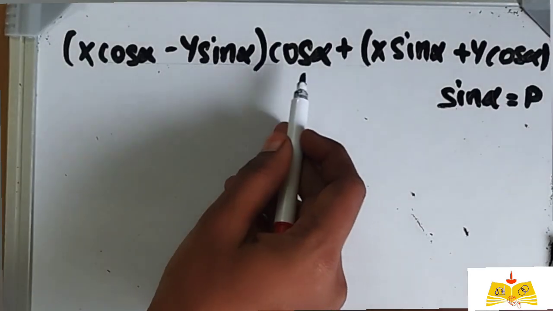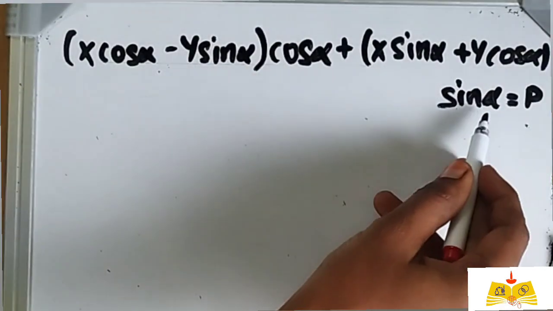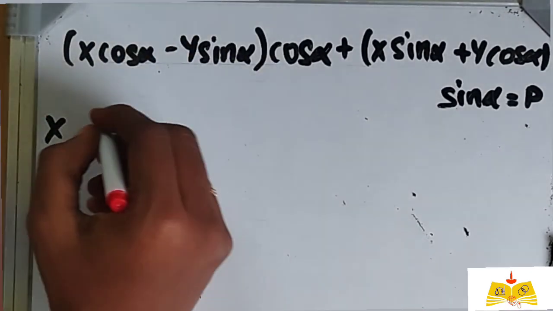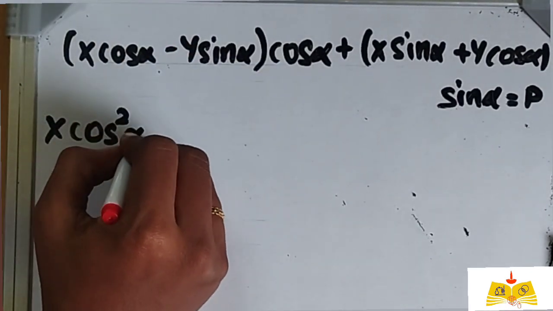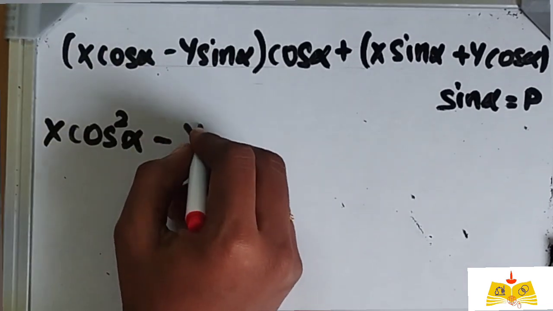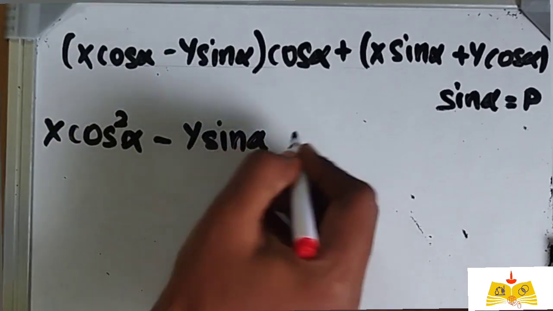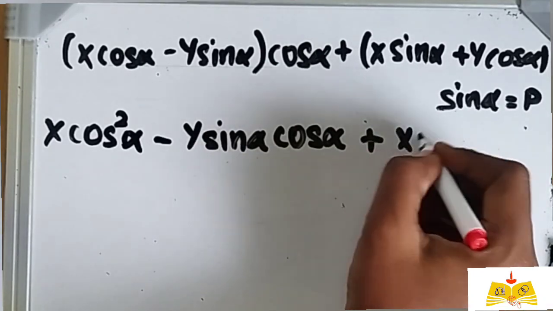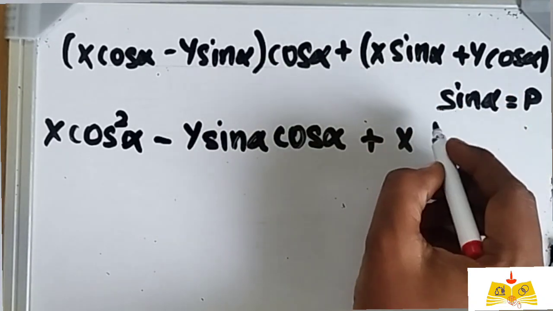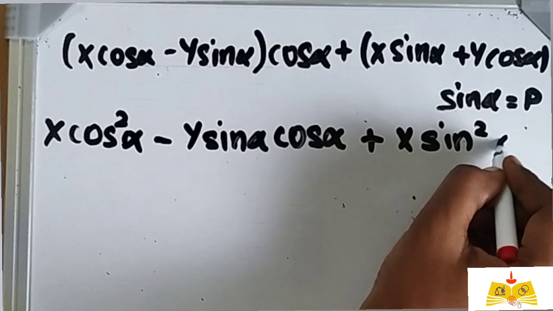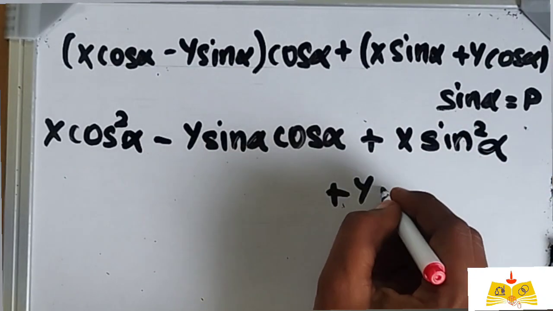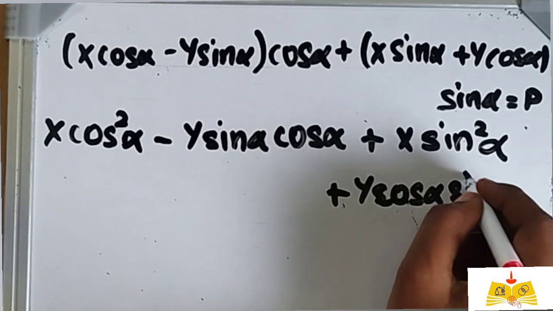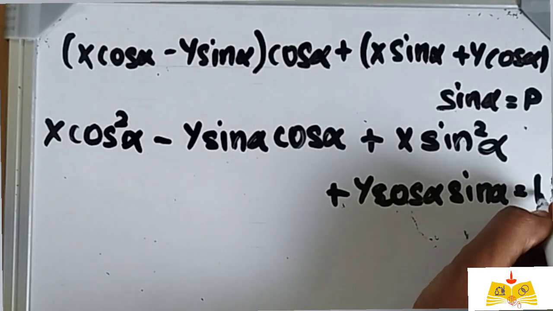So I am going to take this cos inside this and sin inside this one. It will become x cos squared alpha minus y sin alpha cos alpha, plus x sin squared alpha plus y cos alpha sin alpha, equals p.